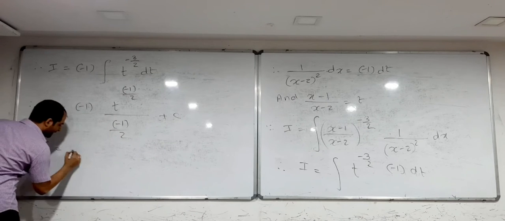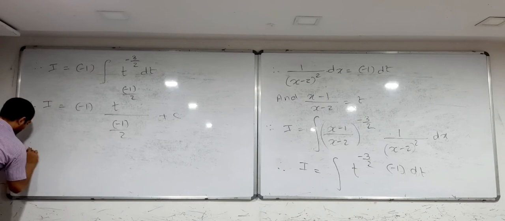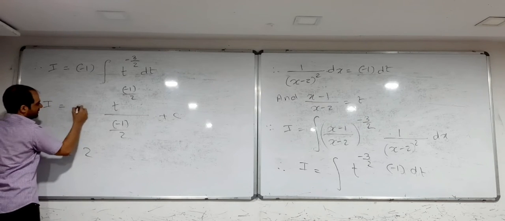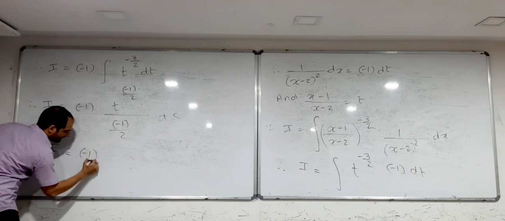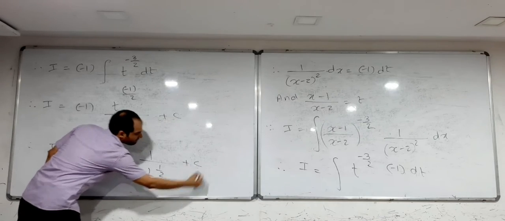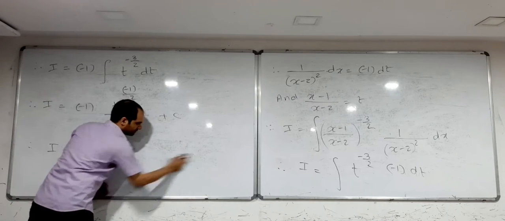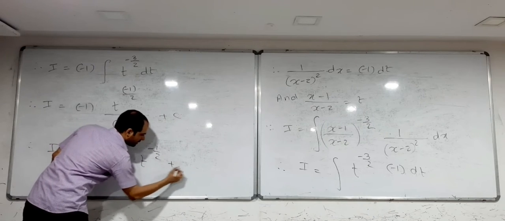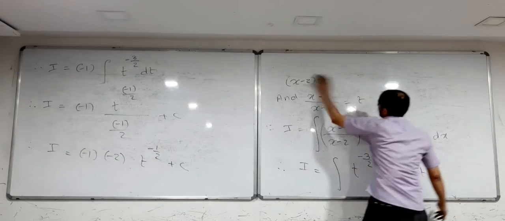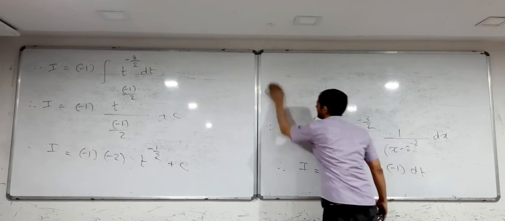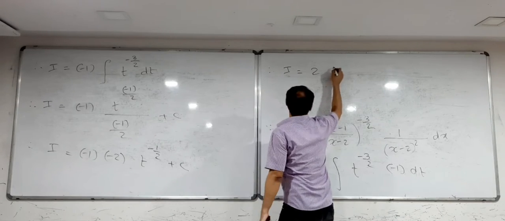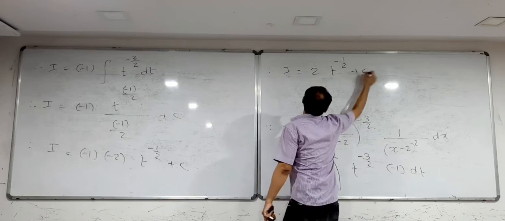So we are left with minus 1 into minus 2 into 1 upon t raised to half plus c, t raised to minus half here, and then the final answer. Therefore I is 2 times t raised to minus half plus c.